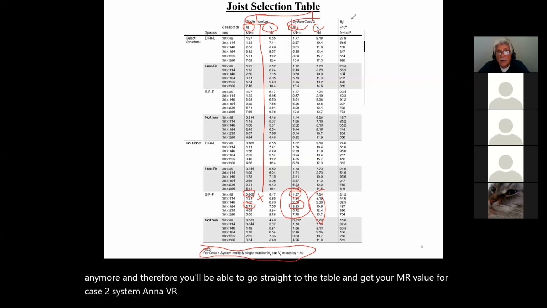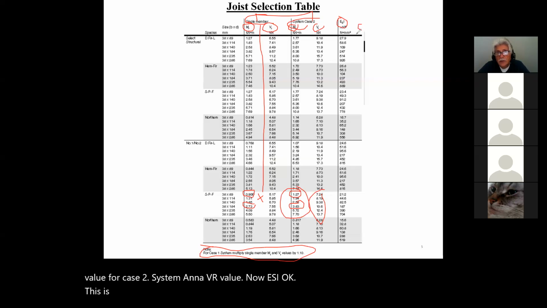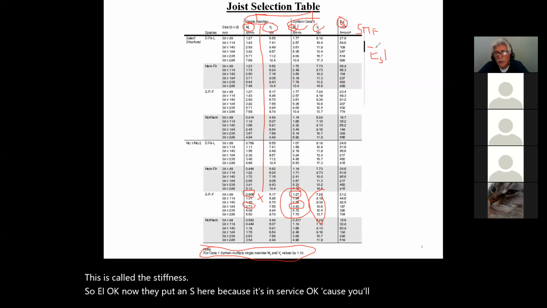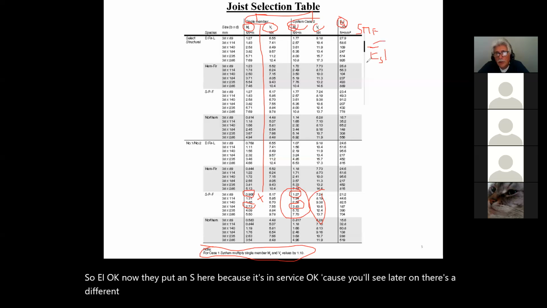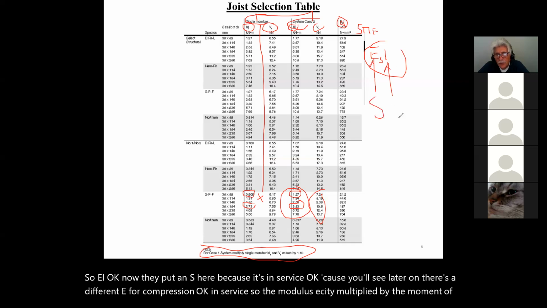Now, EsI, okay, this is called the stiffness. So EI, okay, now they put an S here because it's in service, because you'll see later on there's a different E for compression. So the modulus of elasticity multiplied by the moment of inertia is called the stiffness of a member.